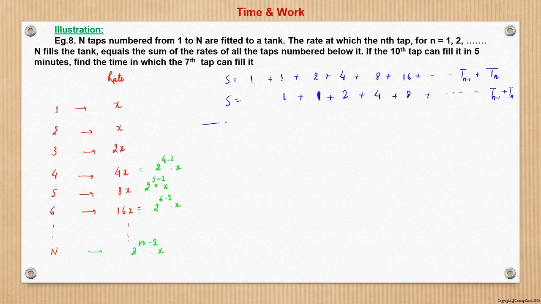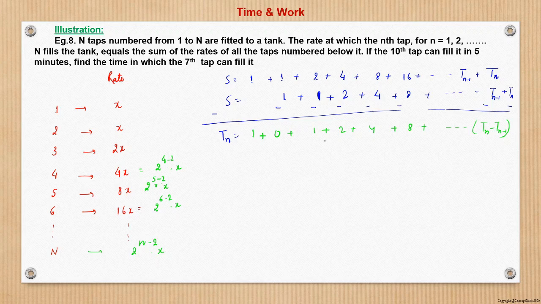Right. Now we will subtract. So same way, s minus s is 0, and this tn minus tn will come this side and become plus tn. So it is 1 plus 0 plus 1 plus 2 plus 4 plus 8, so on till tn minus 1.